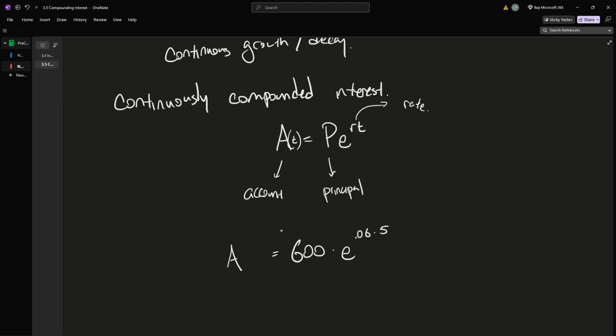This is A of 5. The E button on your calculator should be on the scientific one. I'm not sure which one you have at home, but it'll be at the top left corner. And this gives us a value of $809.92.